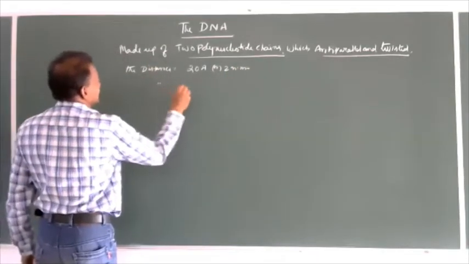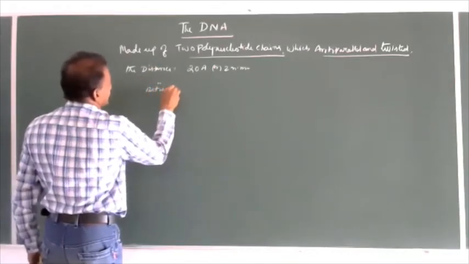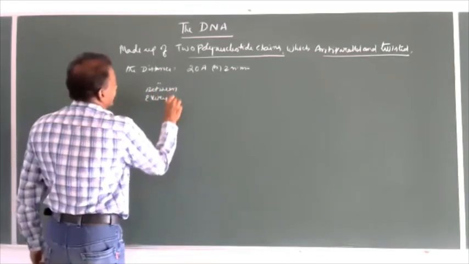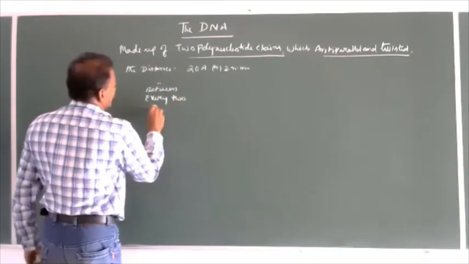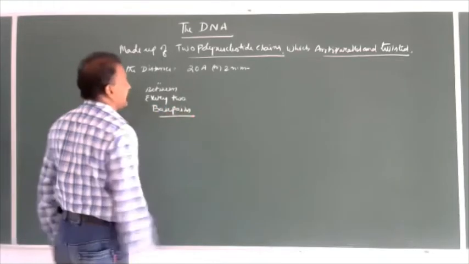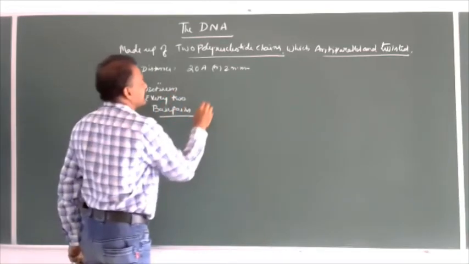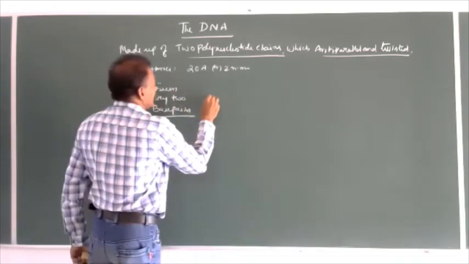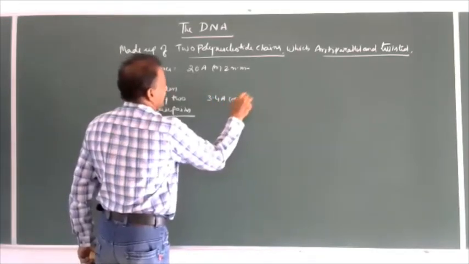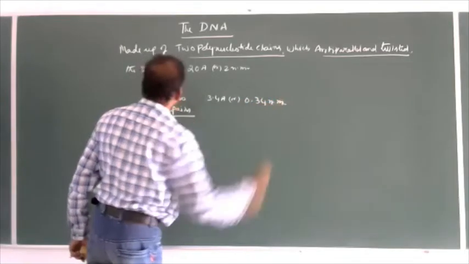The distance between every two base pairs in the DNA is equal to 3.4 angstroms or 0.34 nanometers.